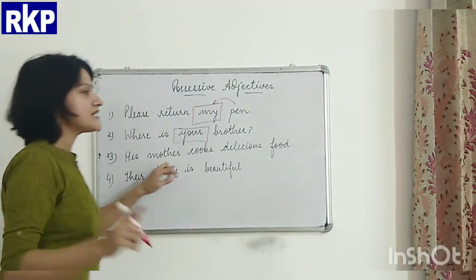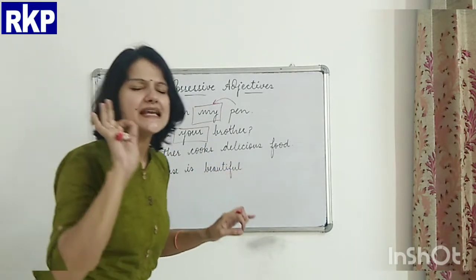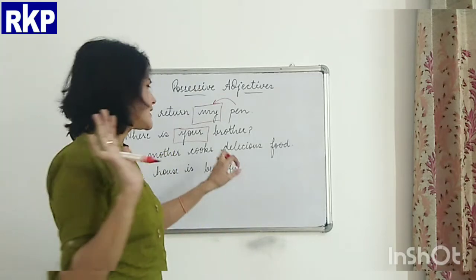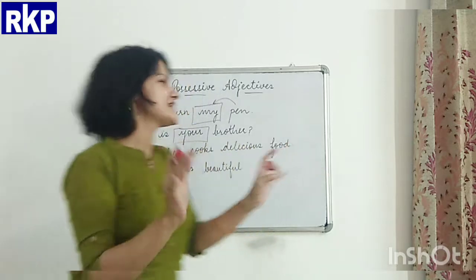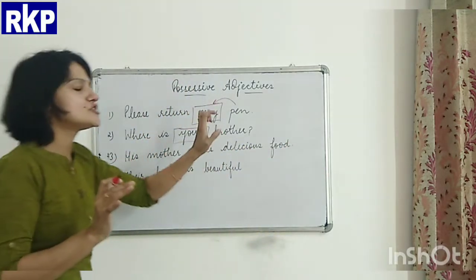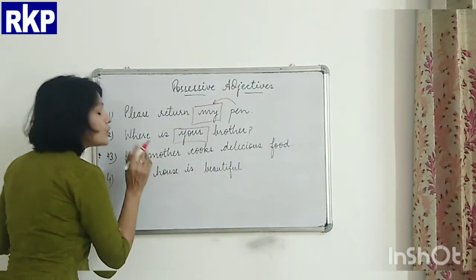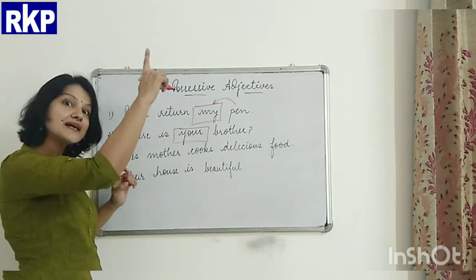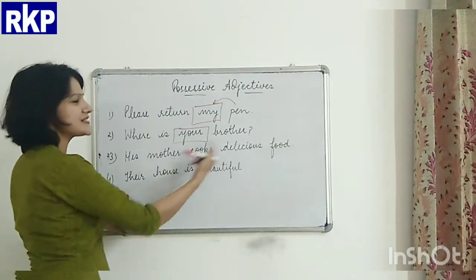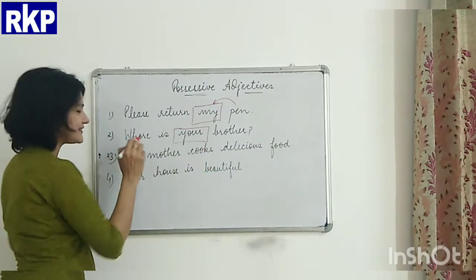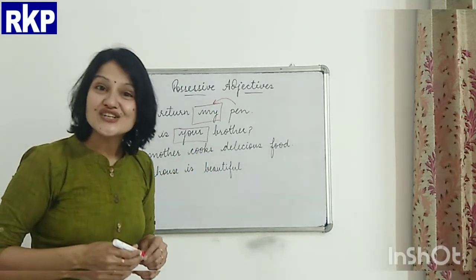Next is, his mother cooks delicious food. Delicious means yummy, very tasty. Whose mother? His mother. He is really lucky. His mother cooks delicious food. This is our possessive adjective.